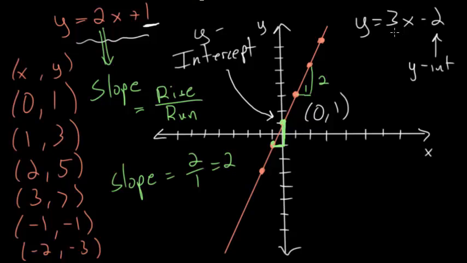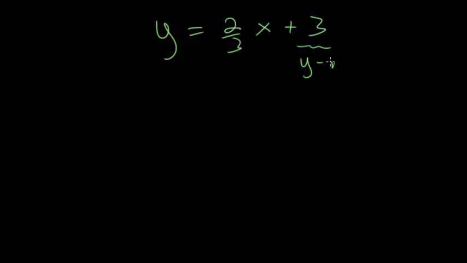And noticing this other equation here, this 3x minus 2, this 3 would be our slope here. So instead of going up 2 over 1, we'll now be going up 3 over 1 for our rise over run. So as a preview of what's to come, if you were to graph the equation y equals 2/3 x plus 3, the number added on the outside, remember I said, was the y-intercept.